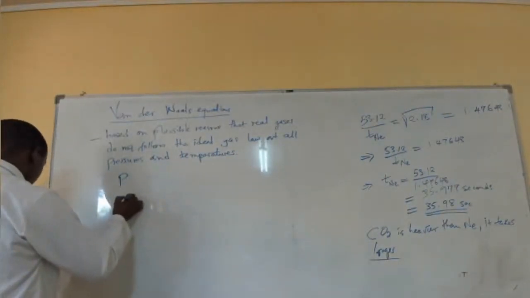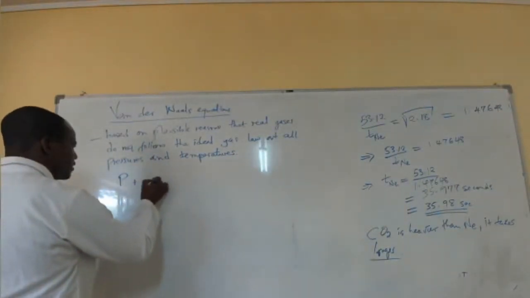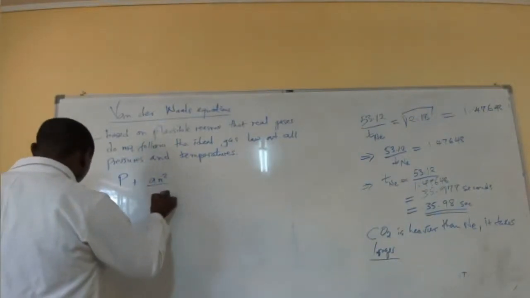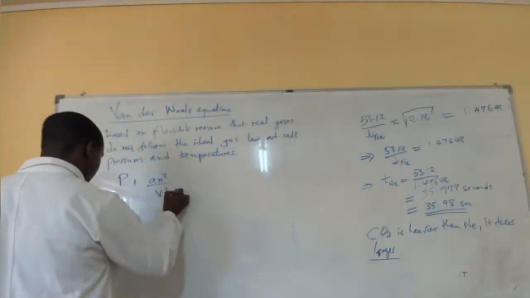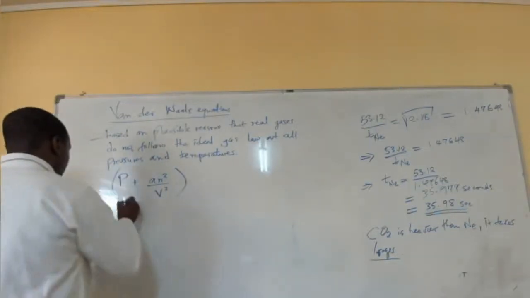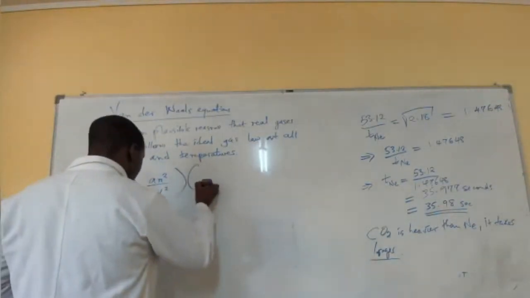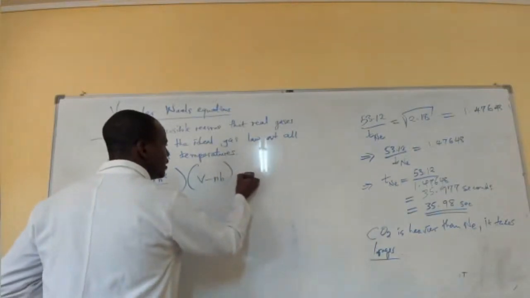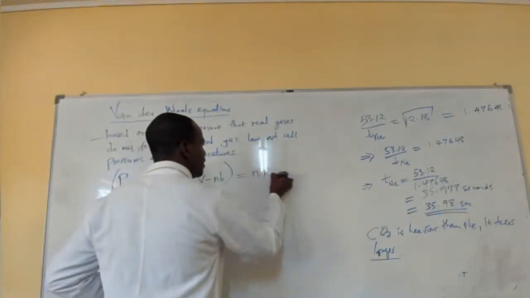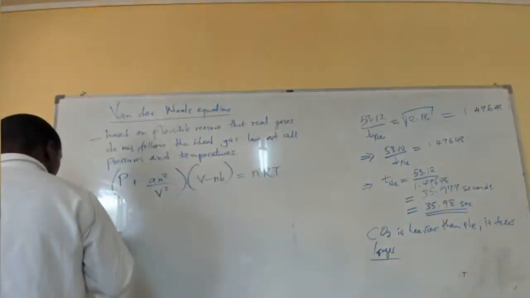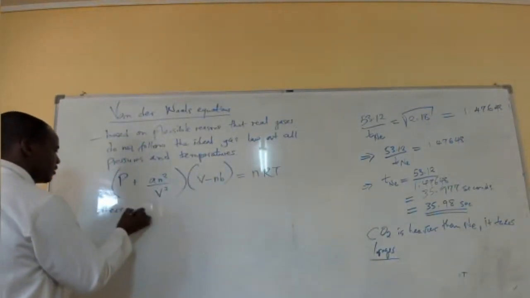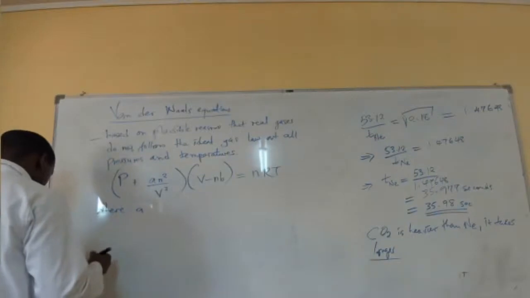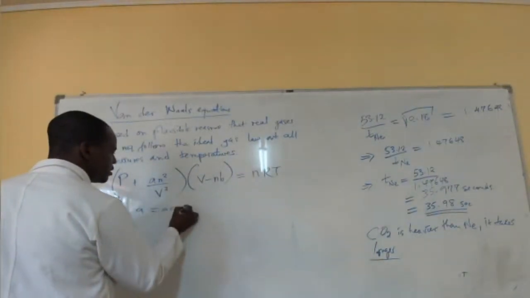So in this case, pressure plus a n squared divided by volume squared, multiplied by the volume minus nb, is equal to nRT.